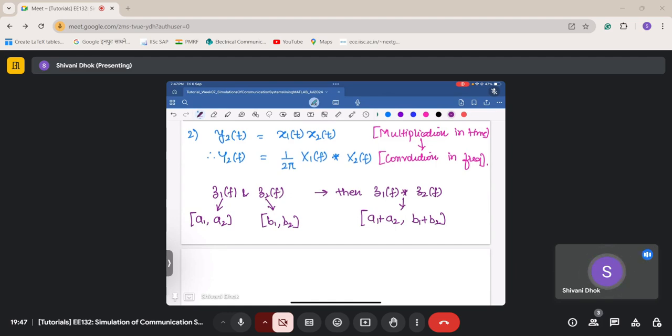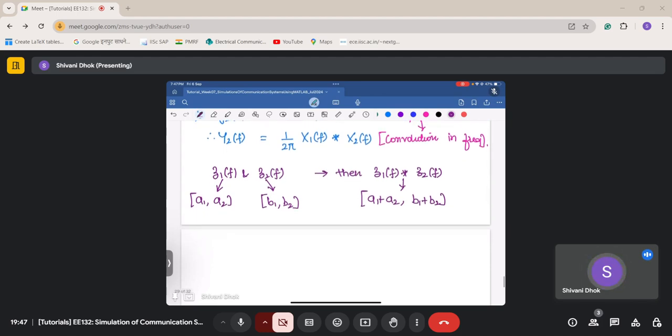Okay, you can check your signals and systems course. I won't get into the derivation of this particular property, but this is what happens here.